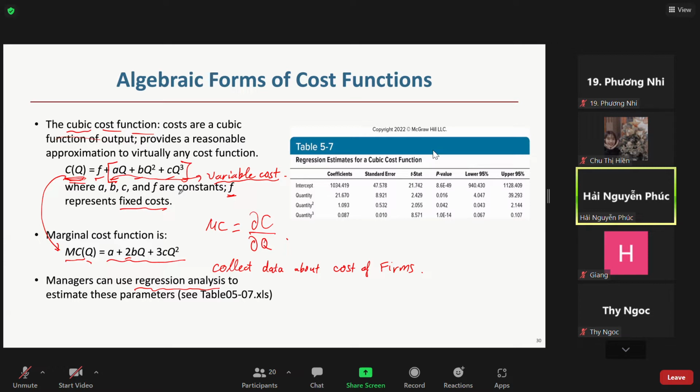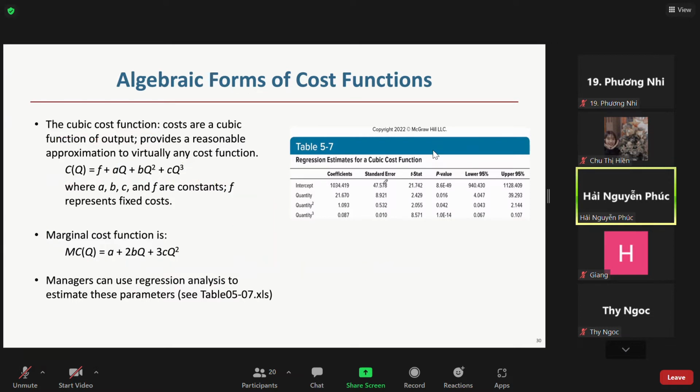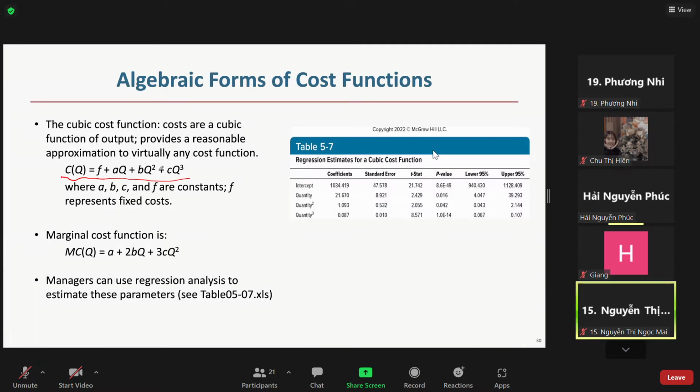Let's take an example. Here is a table extracted from the textbook that provides the result of a regression with a cubic cost function. How would we read the result? We want to write out the estimated cost function based on the result of the regression, right?